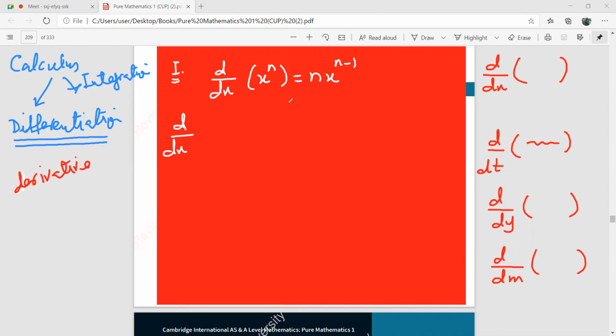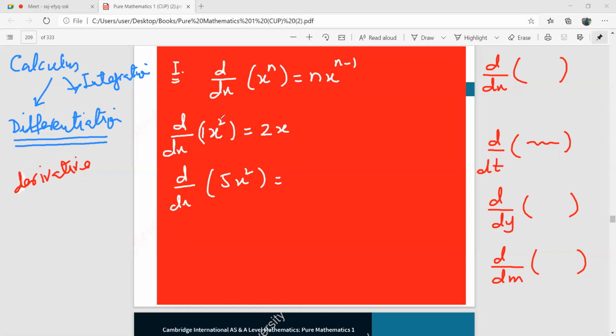Let's say you have to differentiate x squared. The derivative of x squared is going to be 2x. The derivative of 5x square would be, over here when you differentiated x square, this was basically 1x square.